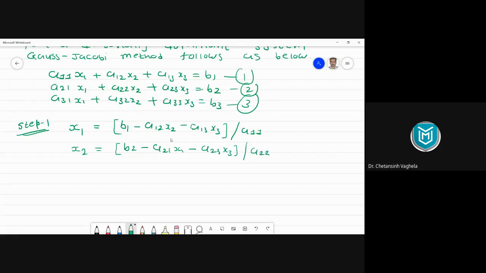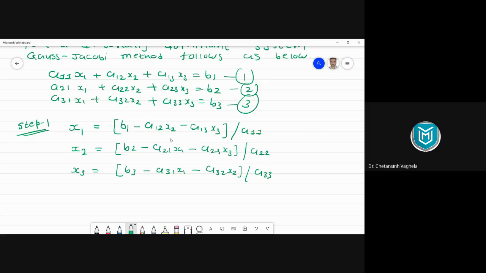Right? So remember this thing, diagonal value will always be in the denominator. We always have to divide with diagonal values. So x3 is equal to, it is b3 minus a31 x1 minus a32 x2 divided by a33, right?